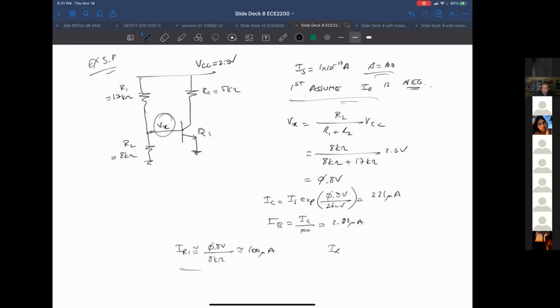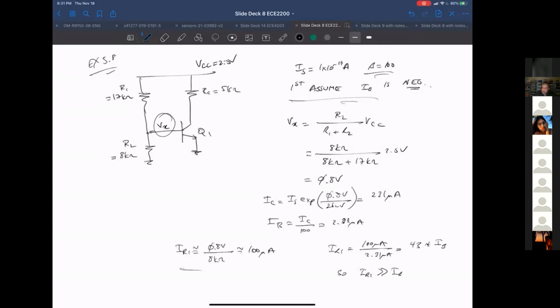So IR1 is 100 microamps over 2.3 microamps, which is 43 times bigger than I sub B. So IR1 is much bigger than I sub B.